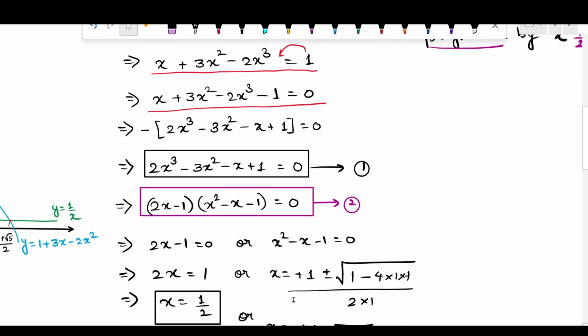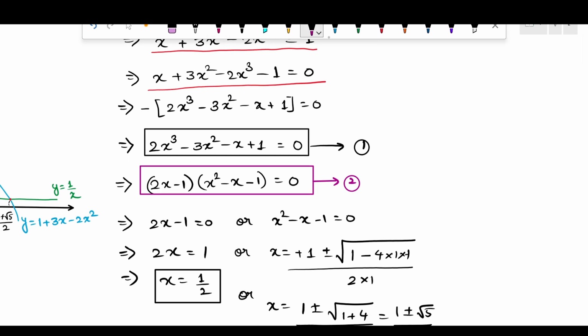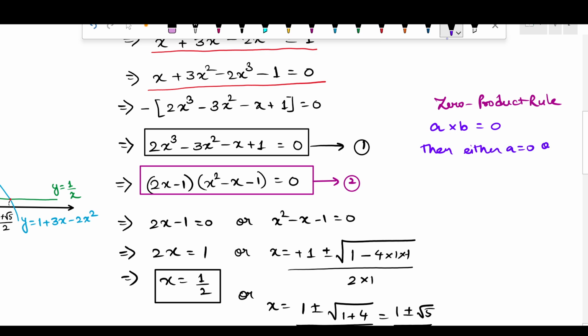Now by the zero product rule, which you know, if we have two numbers, say a × b = 0, then either a = 0 or b = 0 or both are 0. This is called the zero product rule.